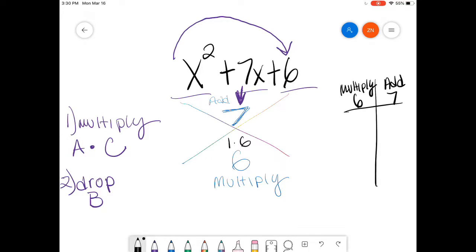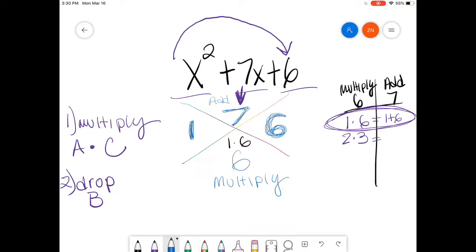The factors of 6 include 1 times 6 and 2 times 3, right? Which of these adds to 7? I believe 1 plus 6 is 7. So these are the factors that I'm going to use. Those go into the categories that are left. 1 and 6.